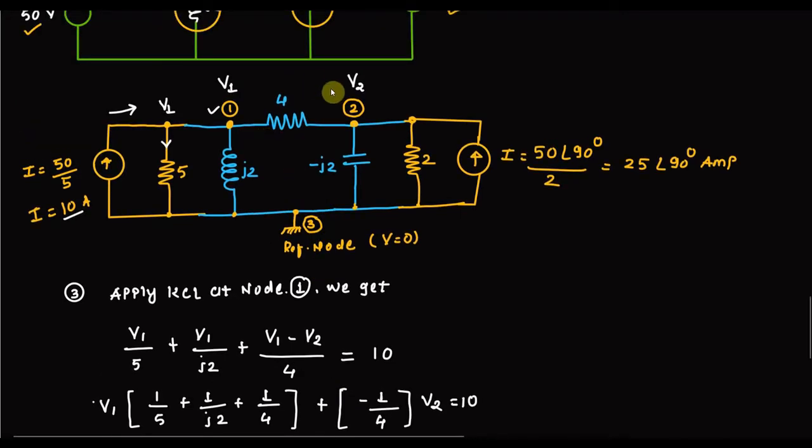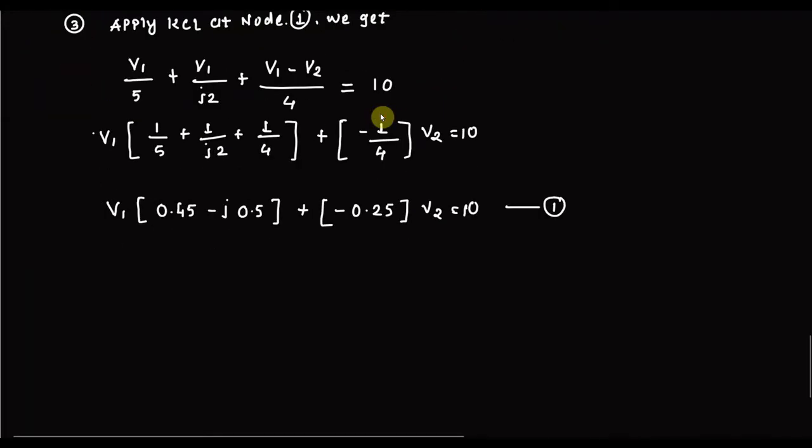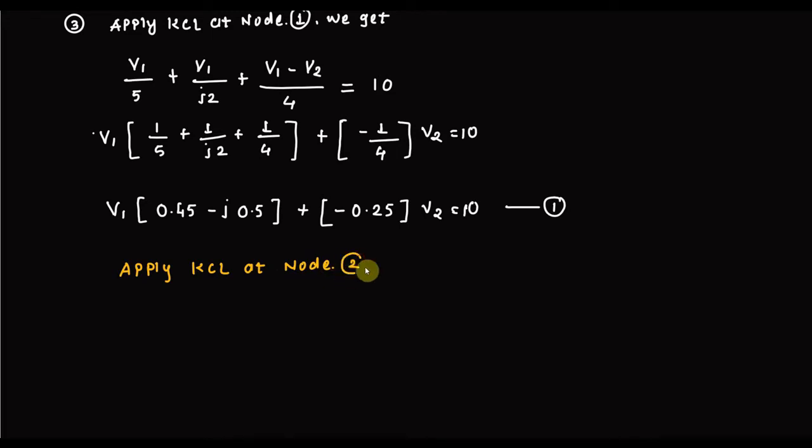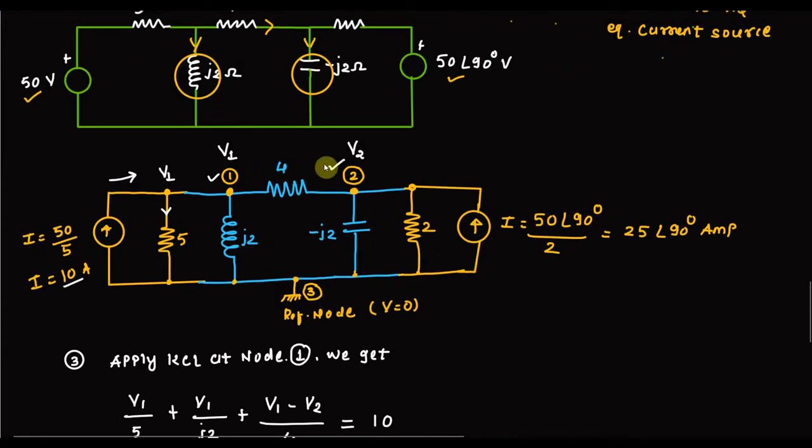Now similarly we will write the KCL equation for node 2. Okay, so you can see that in the next step, apply KCL at node 2, and after that we will get another equation. At node 2 there are three elements: this 4, this minus j2, and this 2.